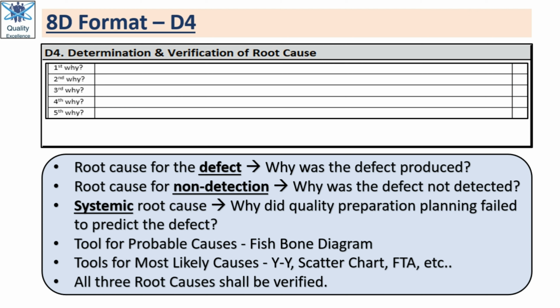And after defining probable causes through fishbone, you should filter down the most likely causes, and that can be done by Y-Y analysis, scatter chart, or fault tree analysis, etc. So you can use these tools and filter down the most likely causes.